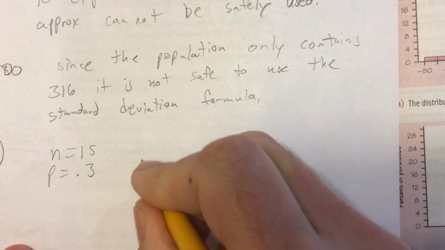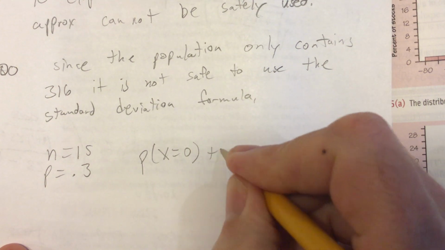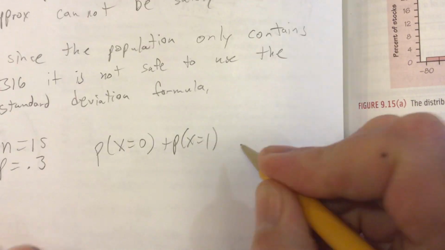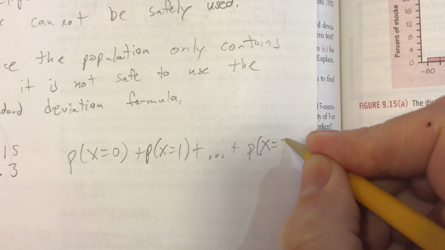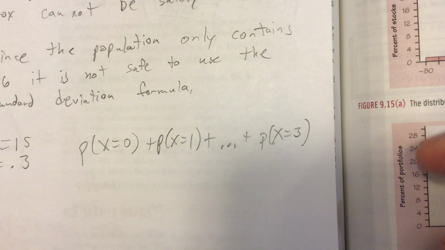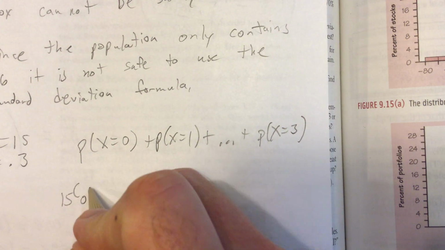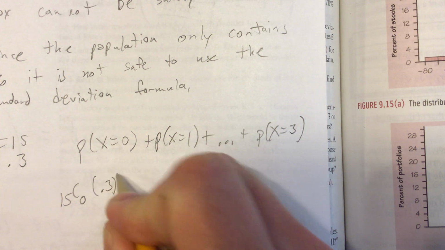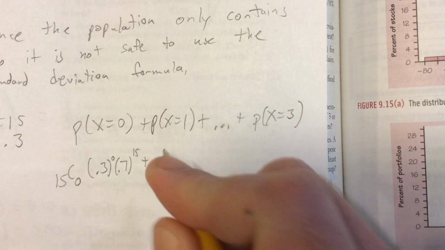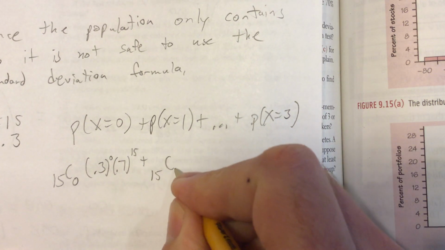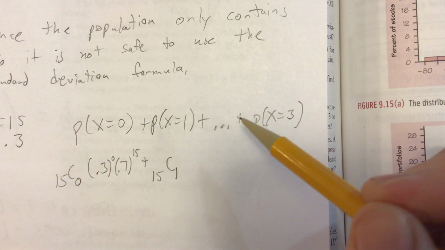Okay, so this is the probability that x equals 0 plus the probability x equals 1 plus probability x equals 3. I guess I could have put 2 in there. Didn't save that much. All right, so we've got 15 choose 0, 0.3 to the 0, 0.7 to the 15, plus 15 choose 1. Some of you on your Chapter 8 test didn't change this number, okay?